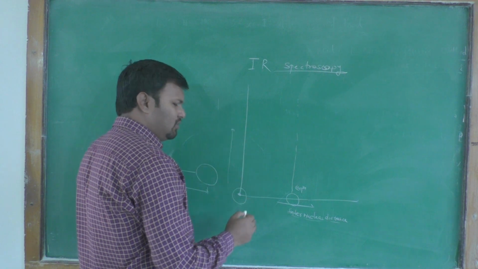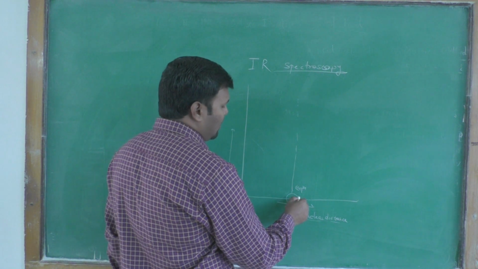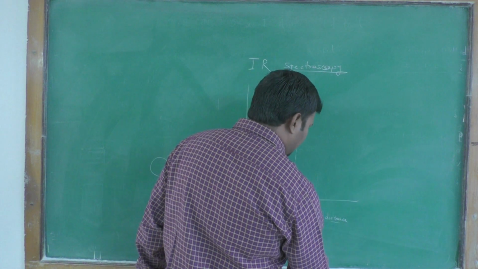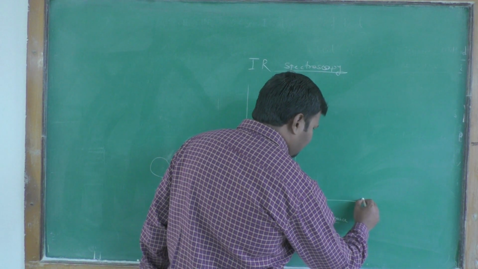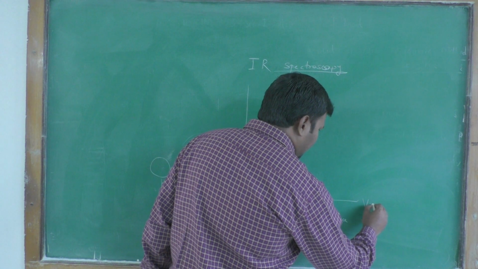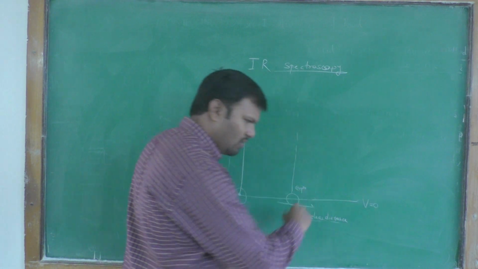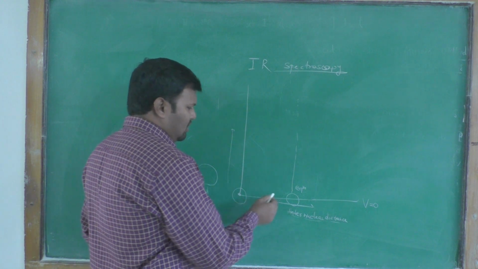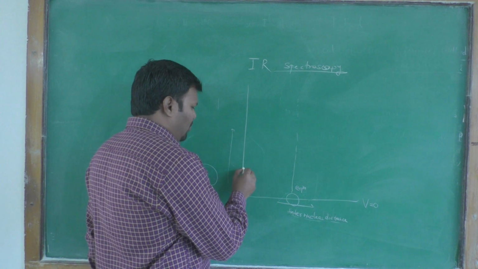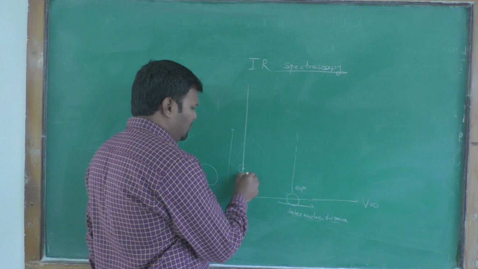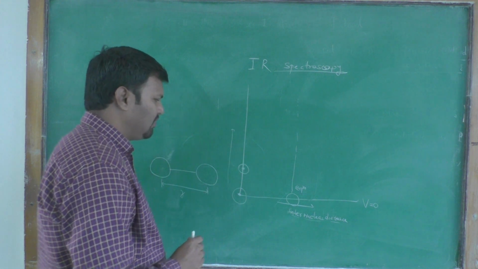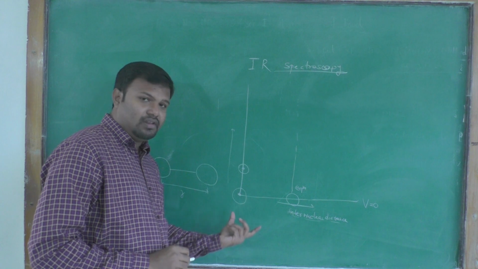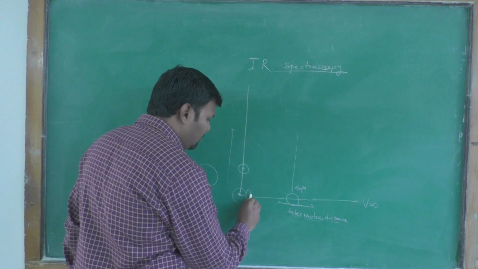By absorbing energy, at that energy level, denoted by V, it is equal to 0. After absorption of energy, there are two possibilities. We consider the molecule joined with a spring.